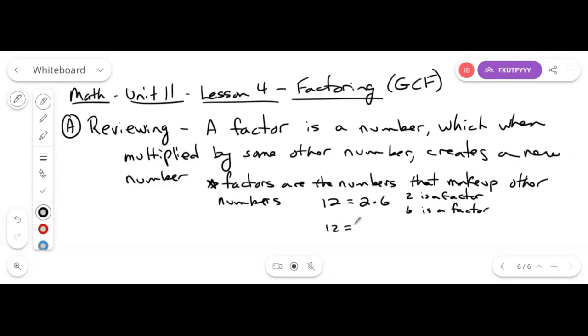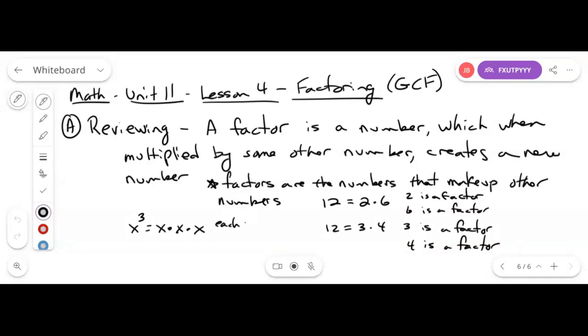But 12 is also 3 times 4. Well, 3 is a factor. 4 is a factor. If we have x cubed, it is made up of x times x times x.